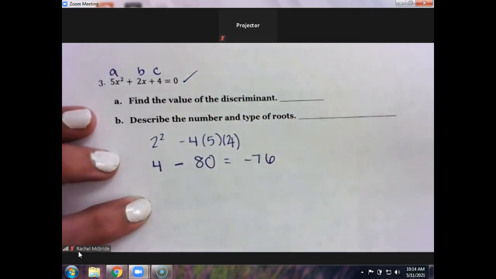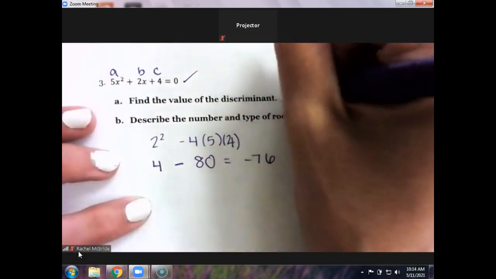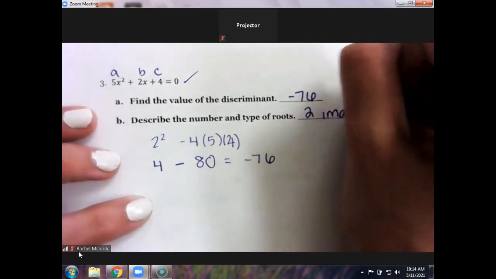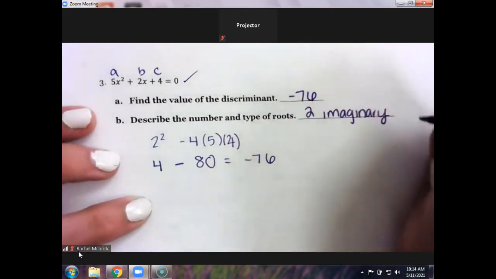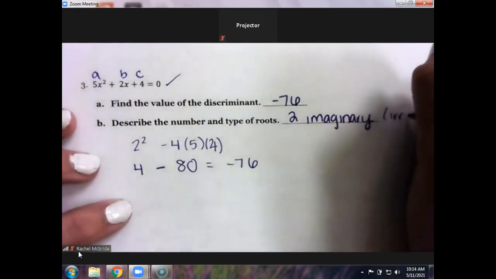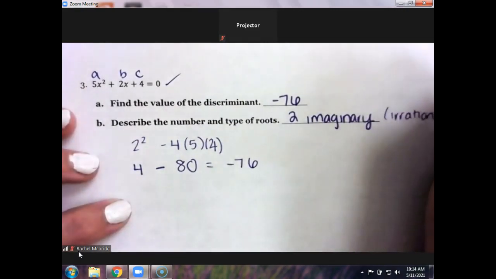So you get negative 76. So that's 2 imaginary. And in this case, because 76 is a non-perfect square, they would be irrational.